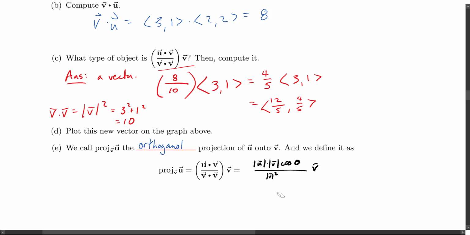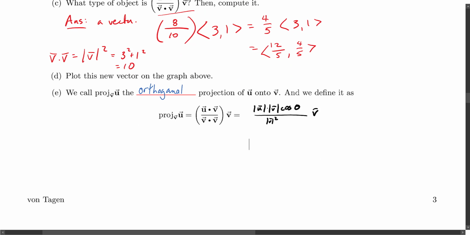Great. So I'm going to do a little bit more manipulation with this. I could rewrite this as the magnitude of u times the magnitude of v times the cosine of theta, all over the magnitude of v, and then multiply that, careful, that's scalar multiplication, I ought to be careful with how I denote that, by the vector v. But I'm going to rewrite this vector v as v over the magnitude of v.